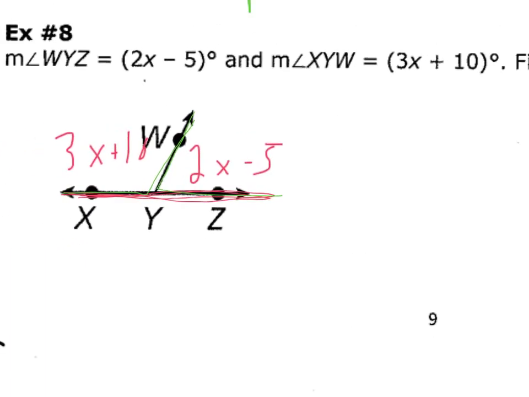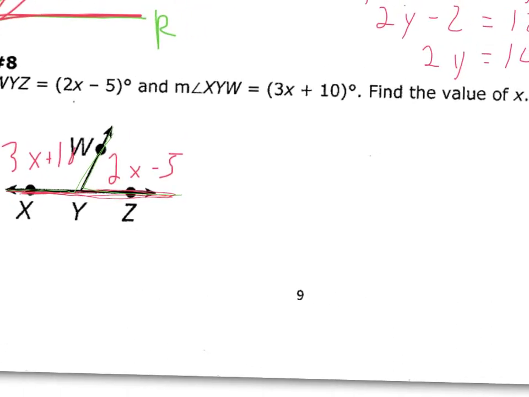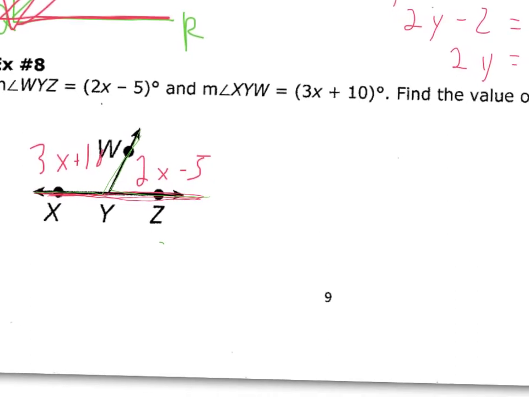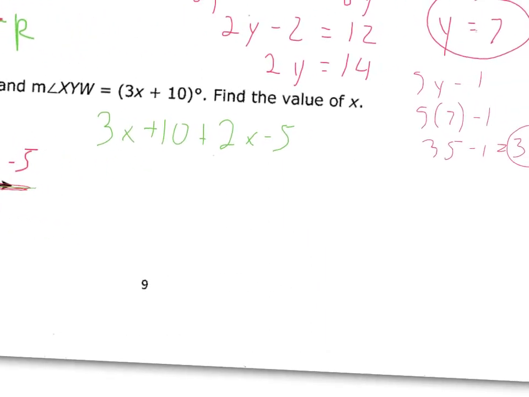So we're going to set up this equation. We have 3x plus 10 plus 2x minus 5, and all that is going to equal 180. Let's put all this together. We have 3x and 2x, so that gives us 5x.